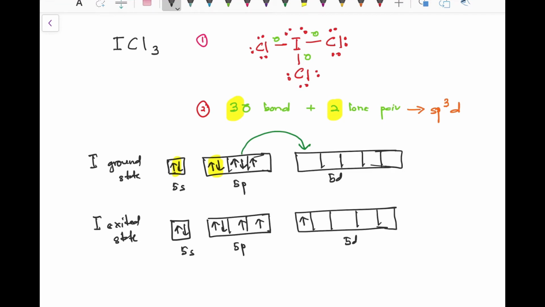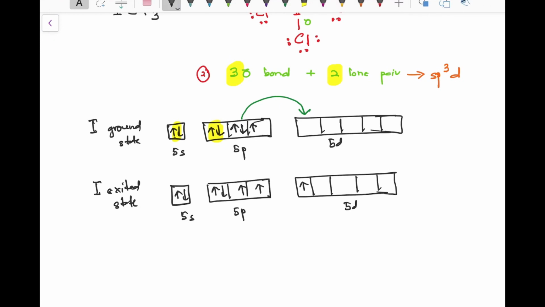And then we have to hybridize all the orbitals to produce sp3d.